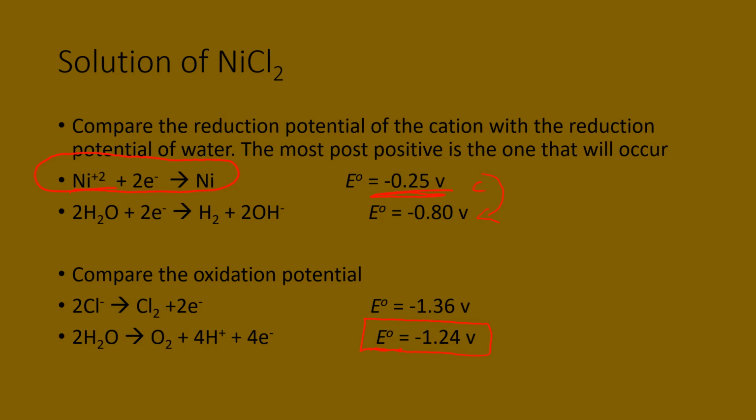So the nickel is being reduced, but the water is being oxidized. And then you would add those two numbers to get the E for the entire equation. So negative 0.25 volts plus negative 1.24 volts is equal to negative 1.49 volts.